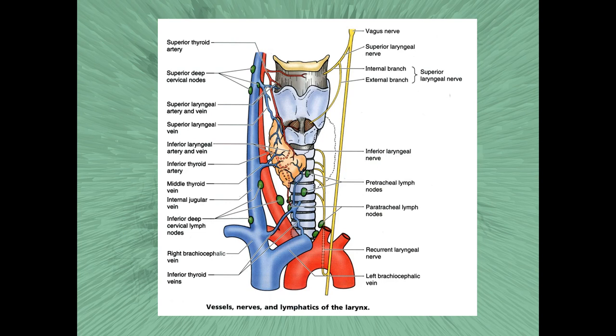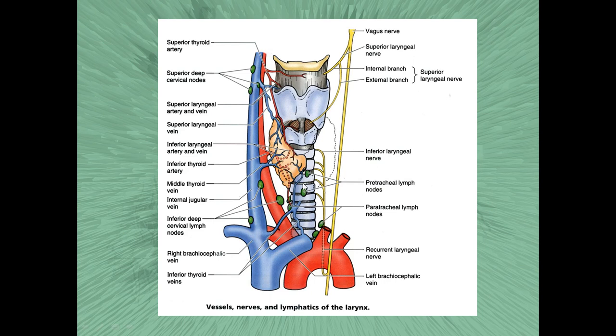Then through the lymphatic vessels, lymph gets to the regional lymphatic nodes. First group, superior deep cervical lymph nodes. You see the direction of the superior thyroid artery, and inferior deep cervical lymph nodes, the direction of the inferior thyroid artery.